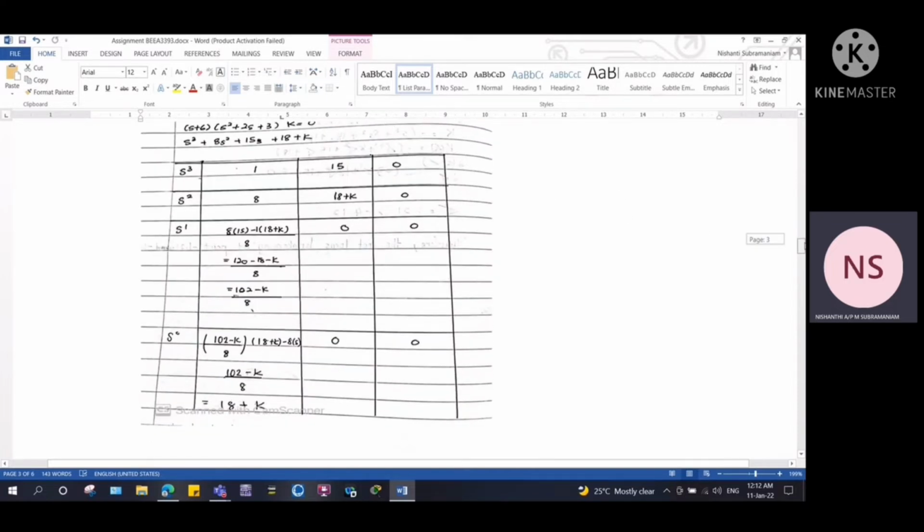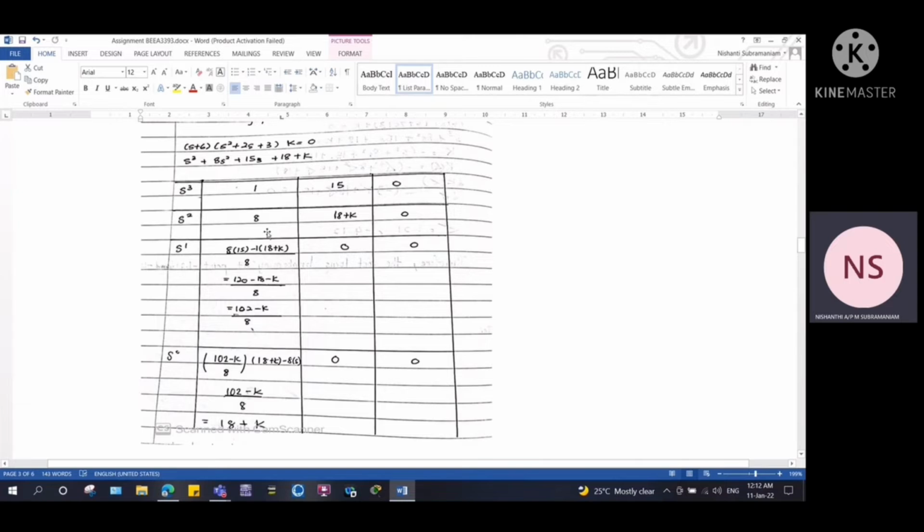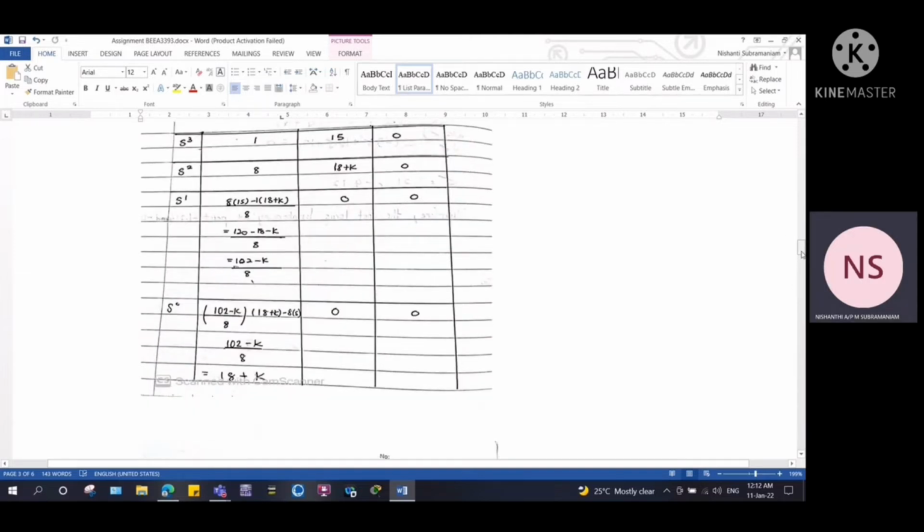We do it as a table. This we already learned in the tutorial class, so we just follow the steps that we learned before. After we do this table, we will know what value we get for s3, s2, s1 and s0.